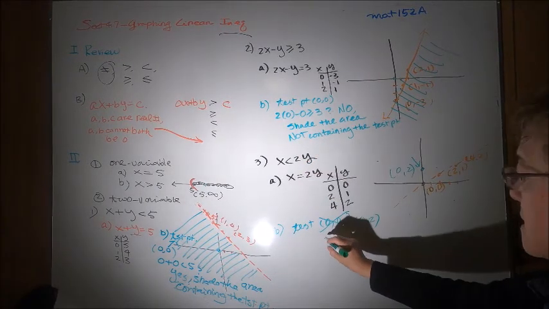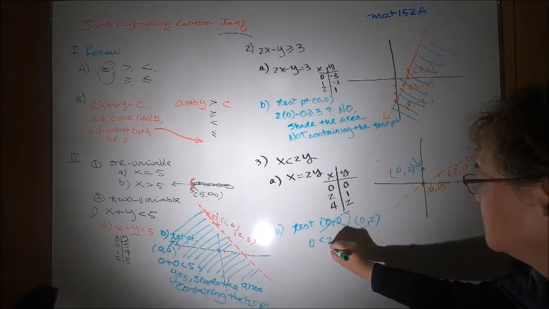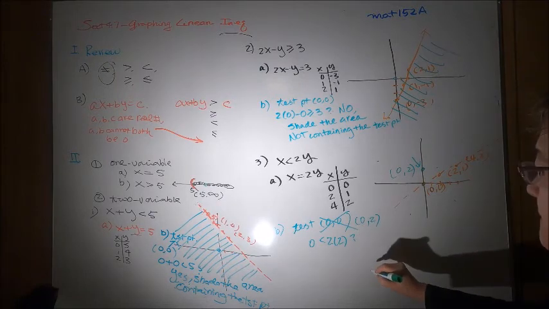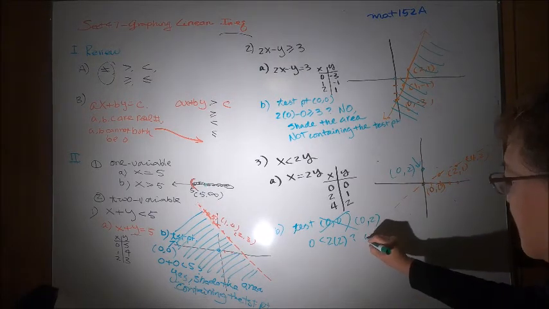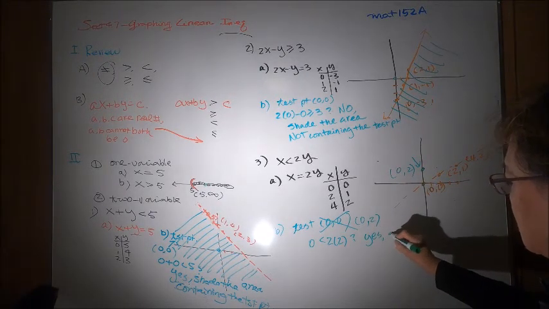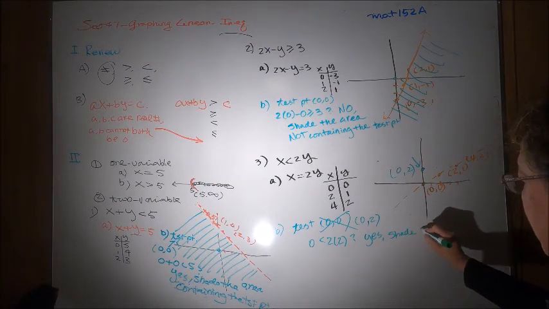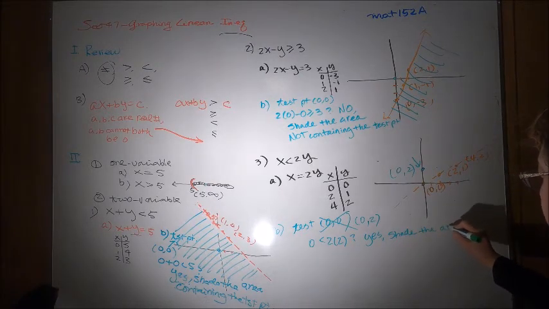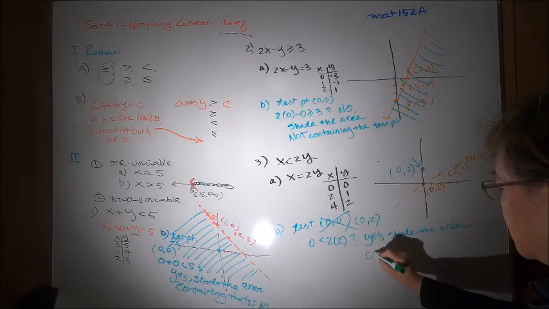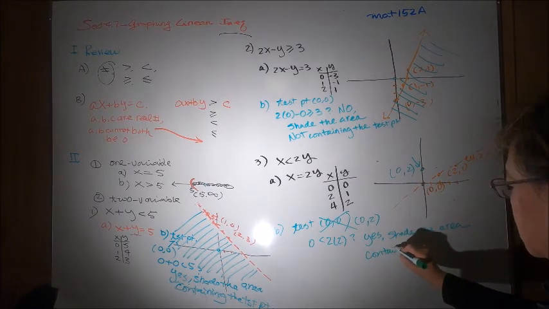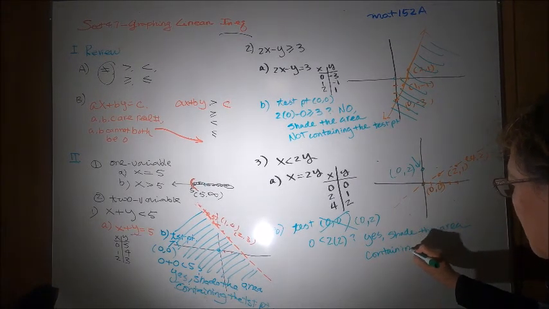Okay, plug in. So it's 0 less than 2 times 2. Yes. So you will shade the area, right, containing the working point.